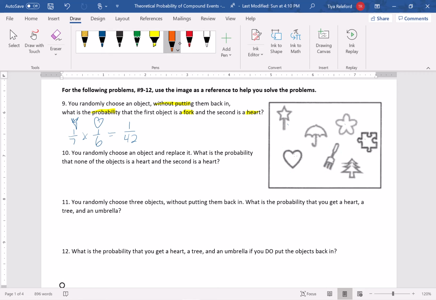Number 10 says you randomly choose an object and replace it. What is the probability that none of the objects is a heart and a second is a heart?